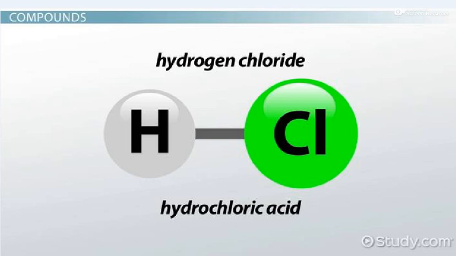Metallic elements are also known as basic radicals, and non-metallic elements are known as acid radicals. Or you can say the metallic elements are known as cations, and the non-metallic elements are known as anions.